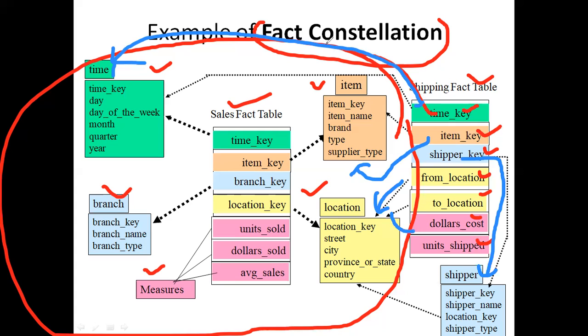So that's why this is taking the shape of a fact constellation. If you analyze this figure, you will find that it is taking the shape of a galaxy. That's why this is also known as galaxies.